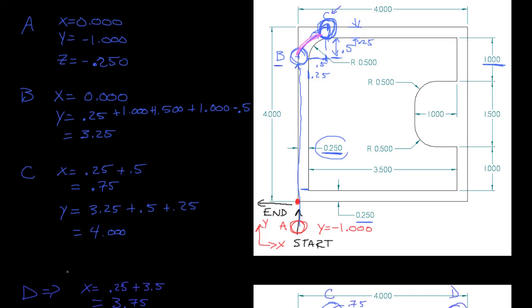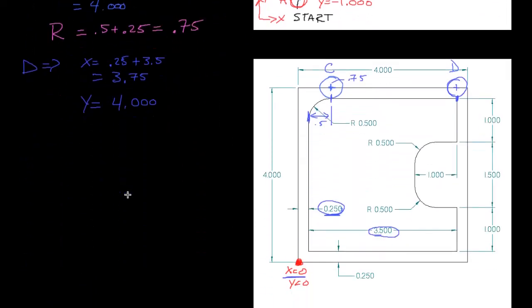So that arc, I'll just specify it with R, is equal to 0.5 plus 0.25, and that equals 0.75. So that's what the R value is going to be in your G code. So just record that whenever you have a tool path along an arc.